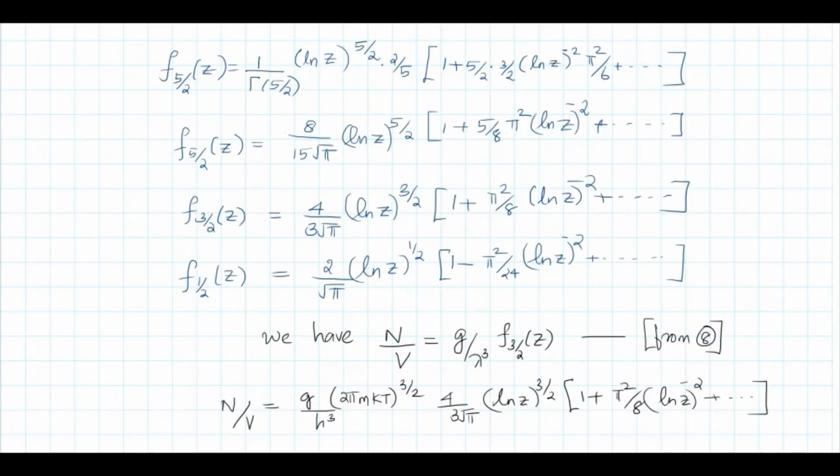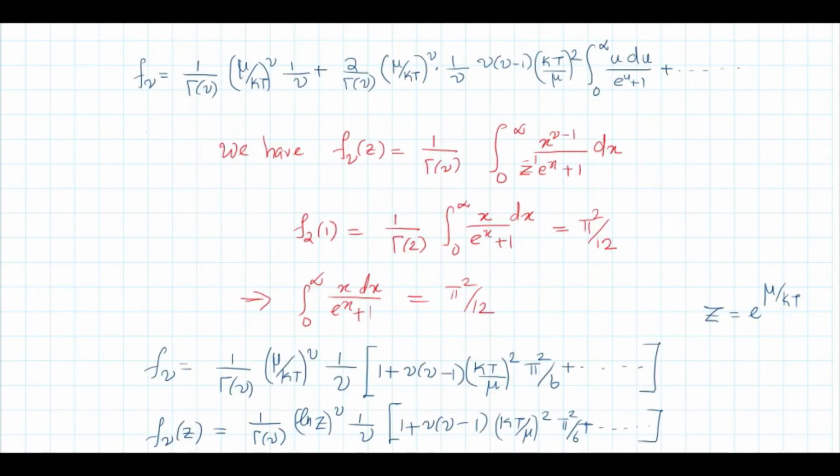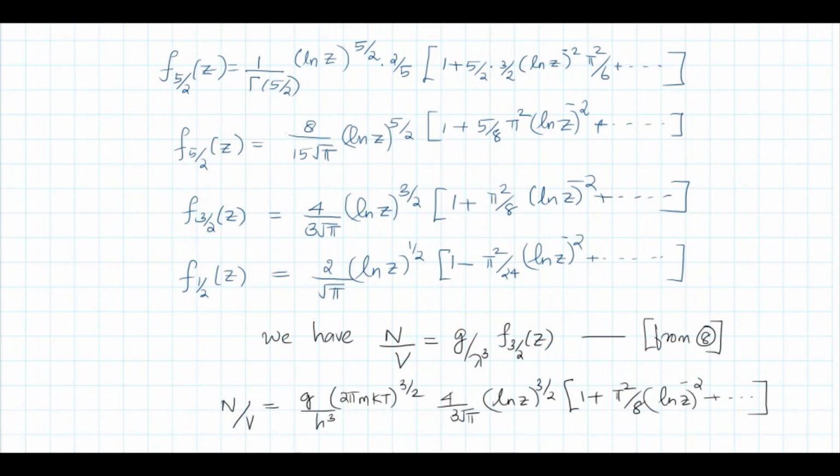So f_ν(z) is 1 by Γ(ν) (log z) raised to ν, 1 by ν, into 1 plus ν(ν−1) (log z) raised to minus 2 into π²/6, plus etc. If you put ν equal to 5/2, 3/2, 1/2, you will get these three Fermi-Dirac functions. That is useful for us.